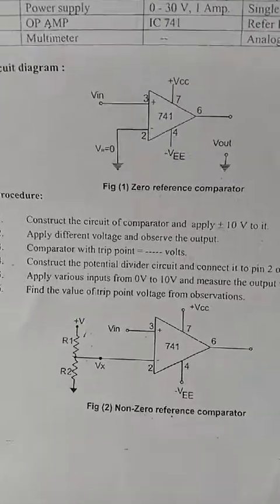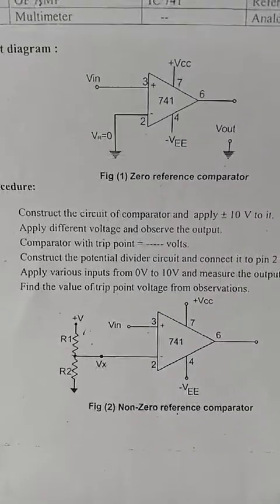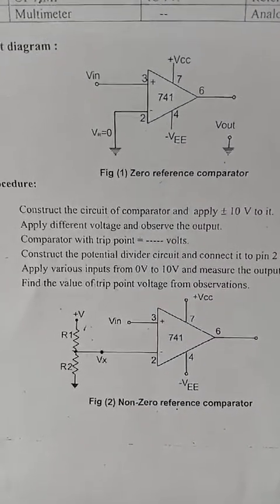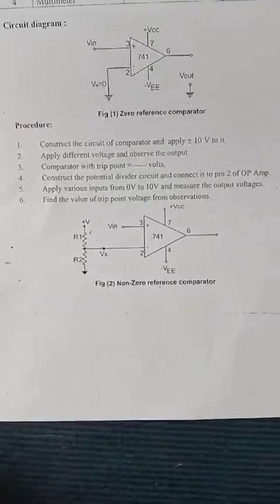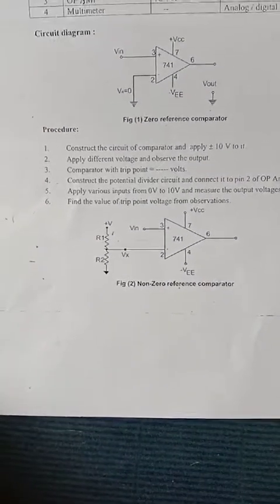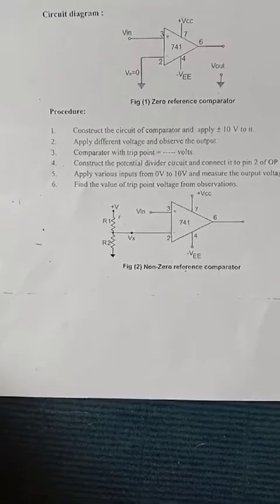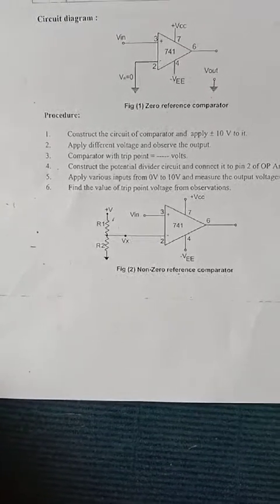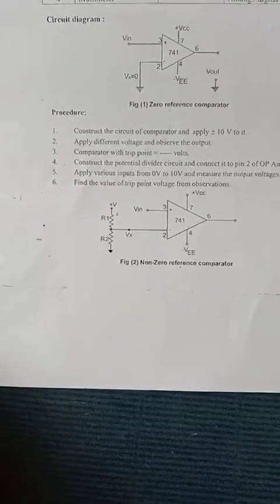So in non-inverting type comparator, if the input voltage which is to be compared is slightly greater than the reference voltage, then the output of the comparator is positive saturated, or it is a positive saturated output voltage.